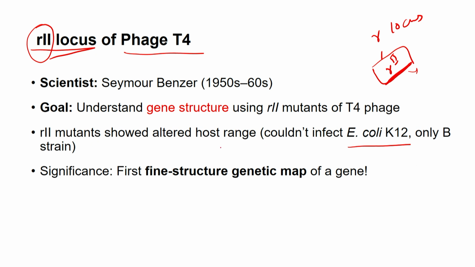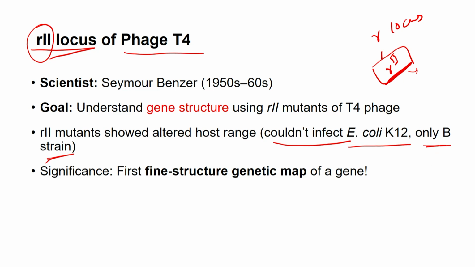So R2 mutants could not infect K12 and they can only infect the strain B. So this whole idea, this concept that Benzer identified, is that he can use the R2 locus to map the gene's fine structure, because this can infect only one bacterium but not the other. I will show you how.